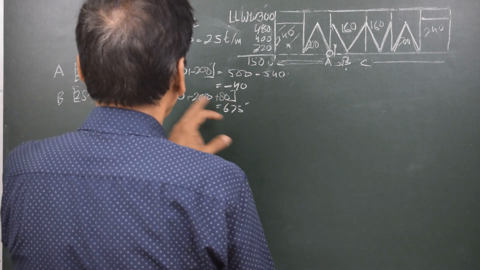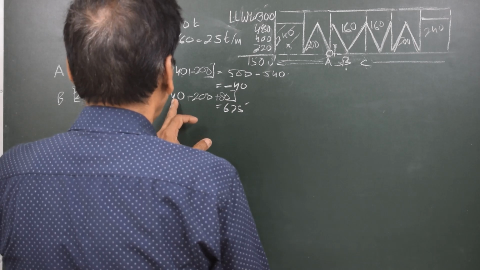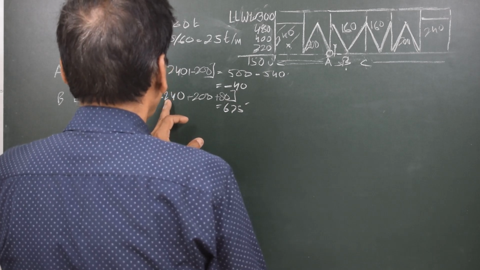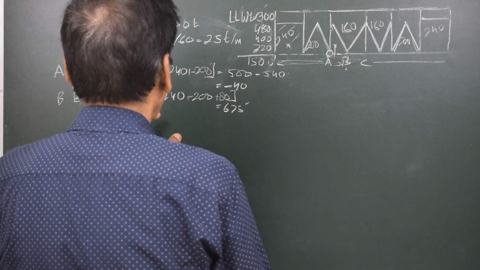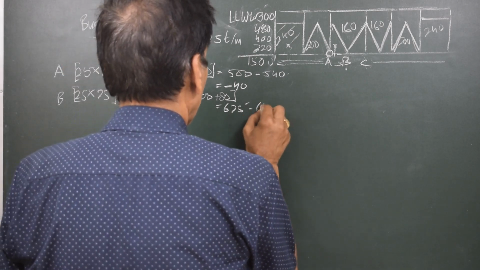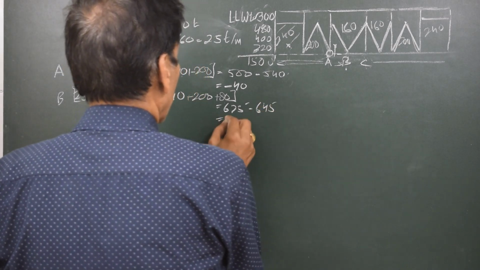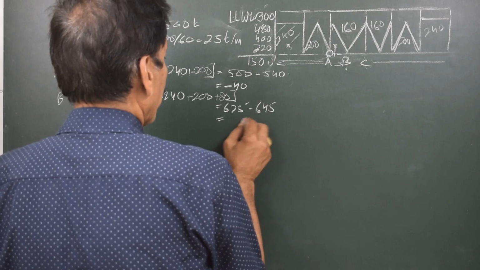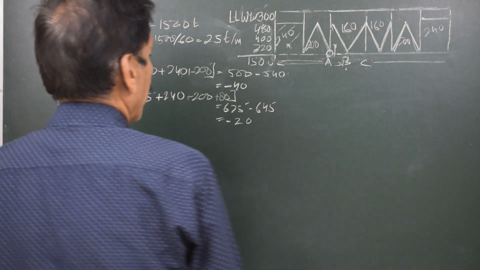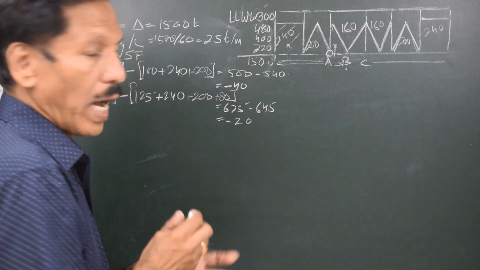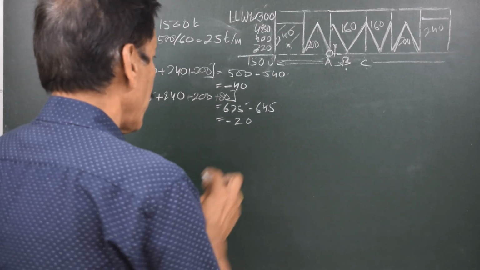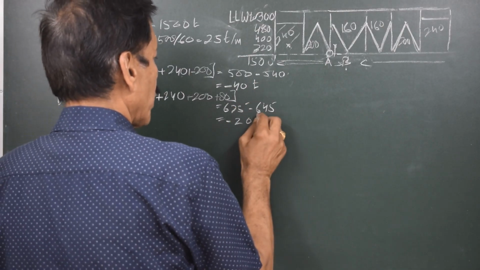So this is 365 plus 200, 565, plus 80, 645. 625 minus 645 is equal to minus 20. So we got shear force at B as minus 20 tons. It was 40 tons over.